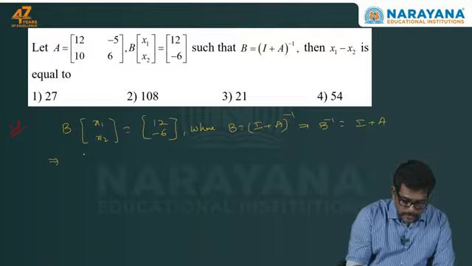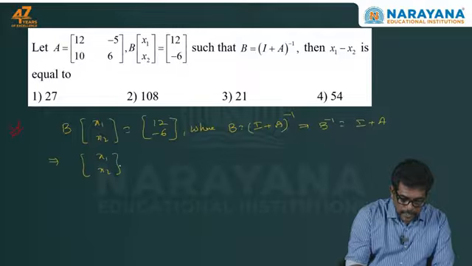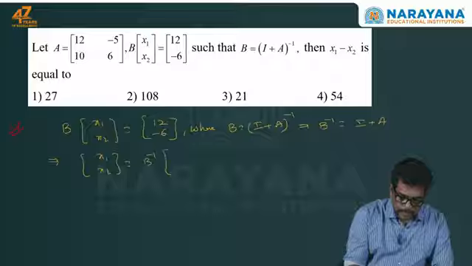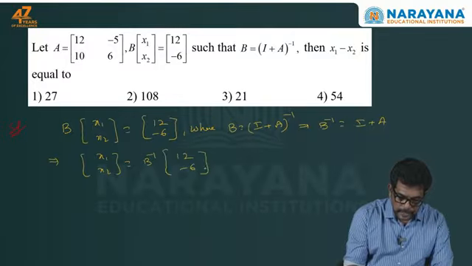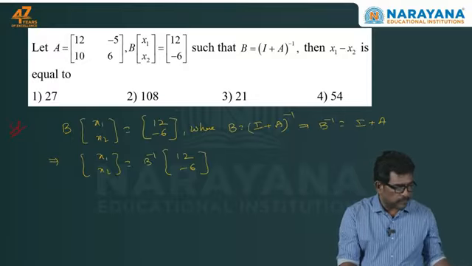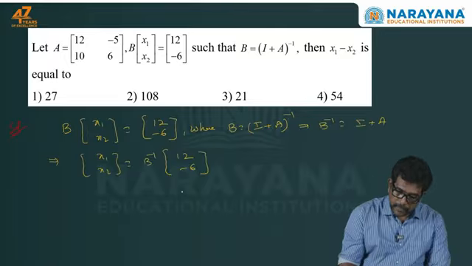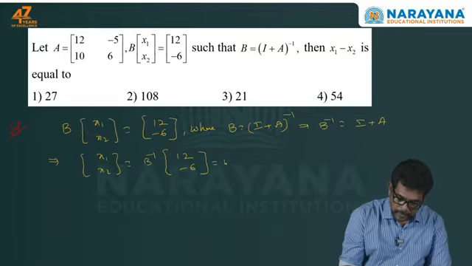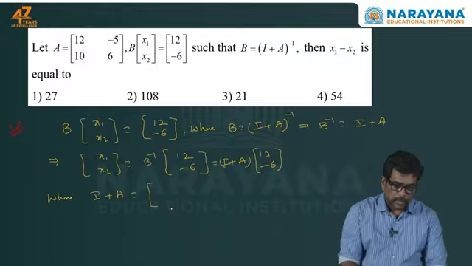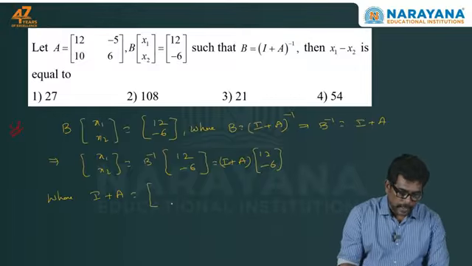So here, B into x1 x2 is equal to 12 minus 6. From this, I am going to pre-multiply with B inverse. Here we get x1 x2 equal to B inverse into 12 minus 6. Now we are going to simplify this. B inverse is I plus A, where A is equal to 12, minus 5, 10, 6.